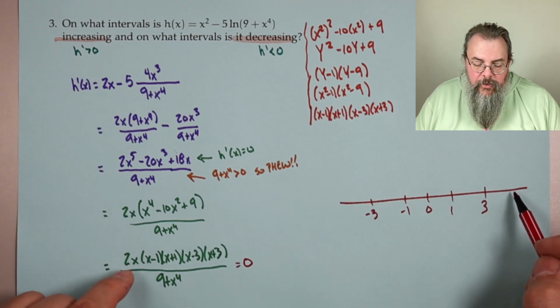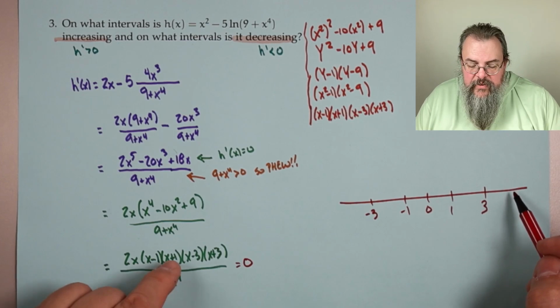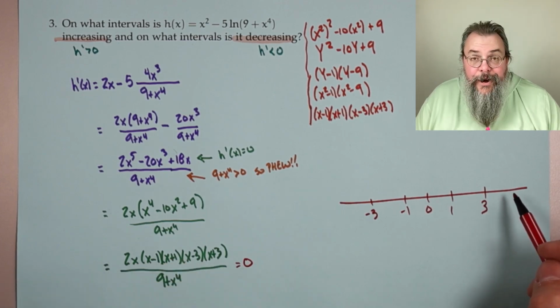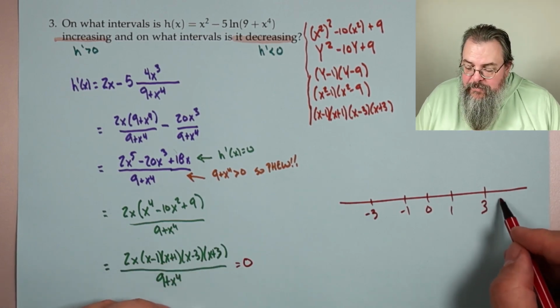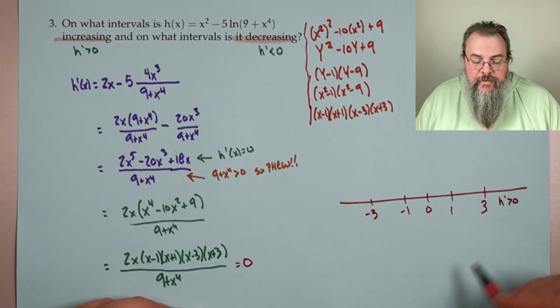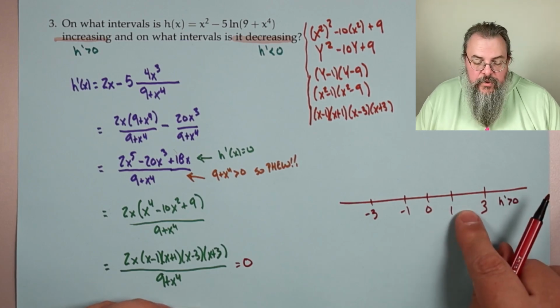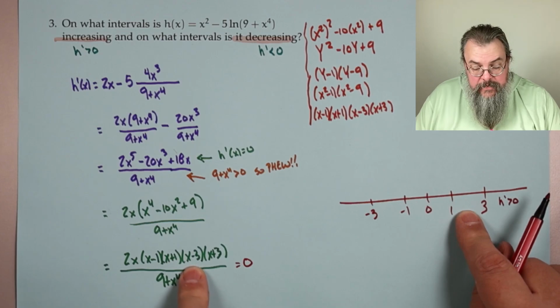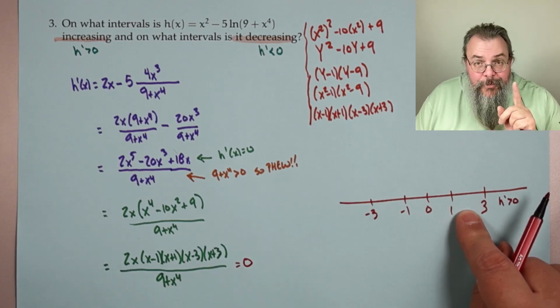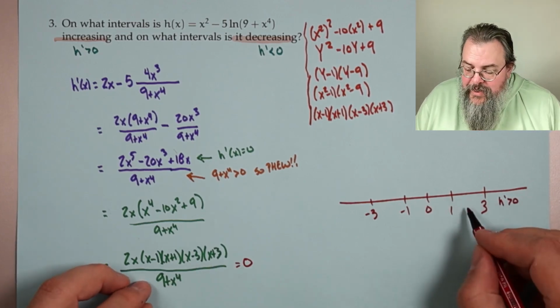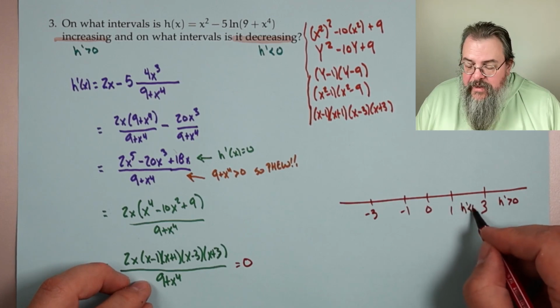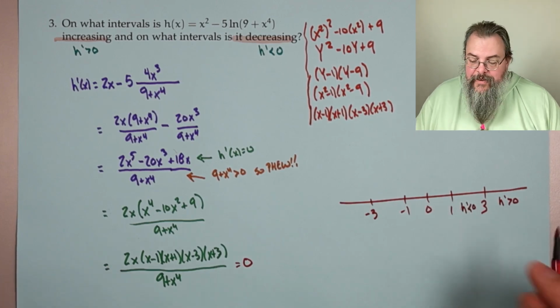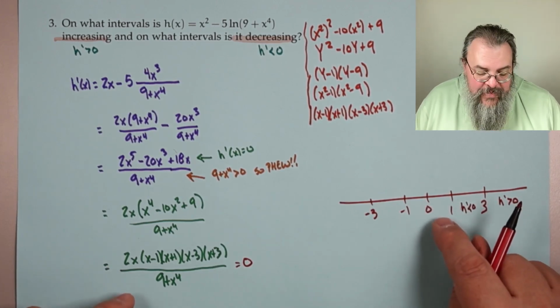So if I plug in, say, 4, positive, positive, positive, positive, positive, all positive. So h prime is positive. Suppose we plug in 2: positive, positive, positive, negative, positive, 1 negative. So h prime will be less than 0. Okay, suppose we plug in a half.